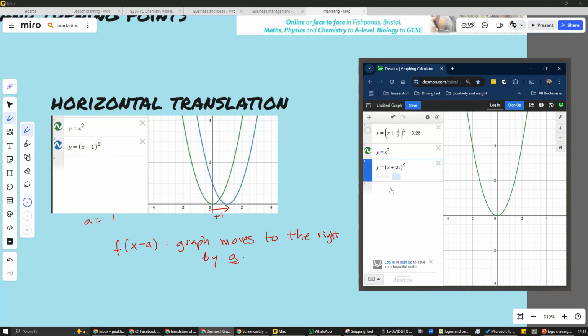And then vertical translation. How do I get rid of that? Just undo. Okay, cool. y is equal to x squared, but this time I'm going to add 1 and it goes up.